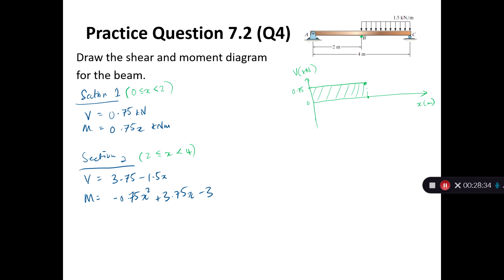You start here, and then at x equals 4, that will be 4 times 1.5, which is 6. So 3.75 minus 6 will be minus 2.25. So that's down here. Let's just say it's down here, somewhere around there. Okay, this is 2, this is 4. So it's just a straight line.